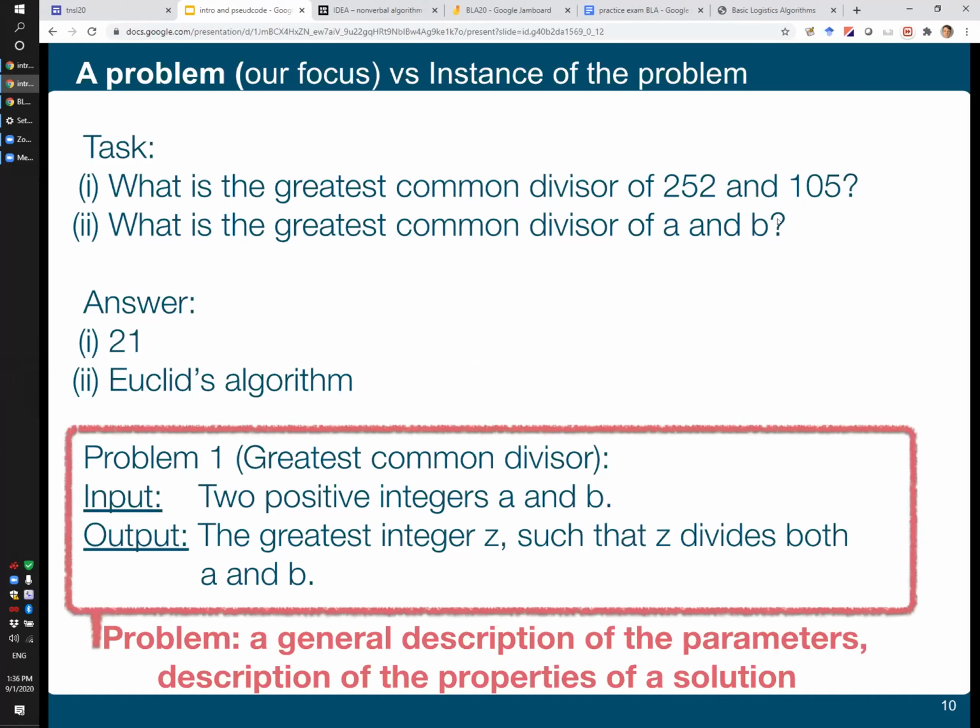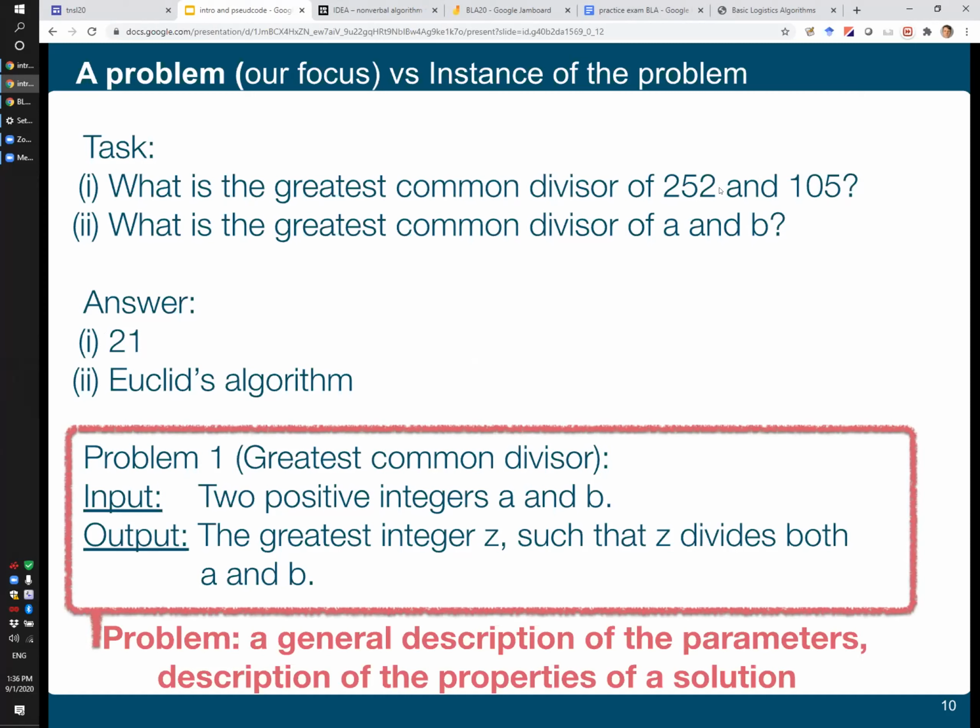So in the algorithm, we would have to have some input, in this case, 2 integers, and some output, in this case, also some integer. And an algorithm should give you the general recipe, the general way for finding the output from the input.